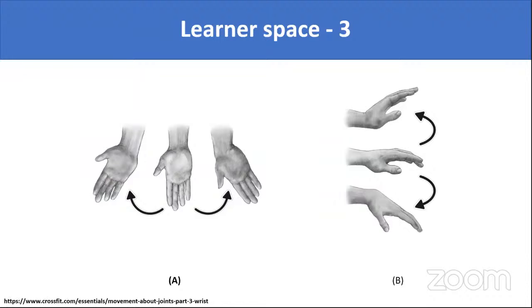Now this is for you to identify which kind of movement it is. Imagine your hand which is facing downward. The thumb is towards the lateral side, and the little finger or pinky finger is towards the medial side. So which kind of movement is exhibited by A? Here in this case, this is the normal position.